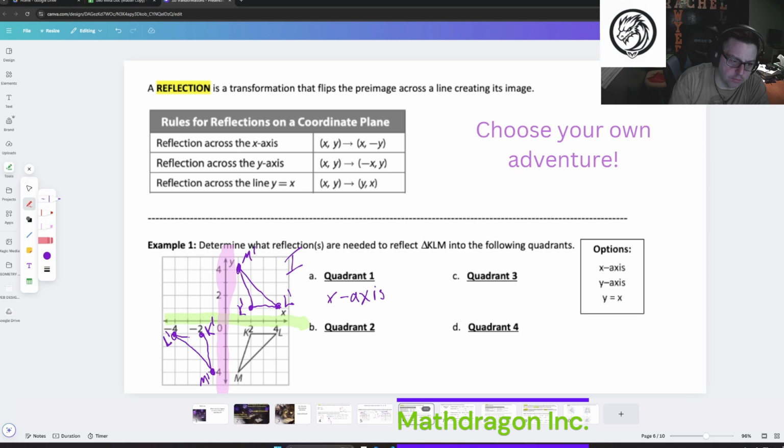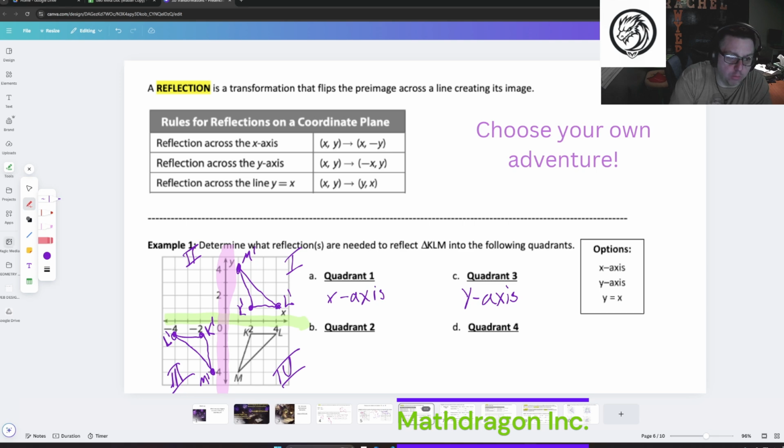Now we need to figure out what quadrant we are in. This is 2, this is 3, and this is the 4th quadrant. So if we're reflecting across the y-axis, that moves it into the 3rd quadrant.